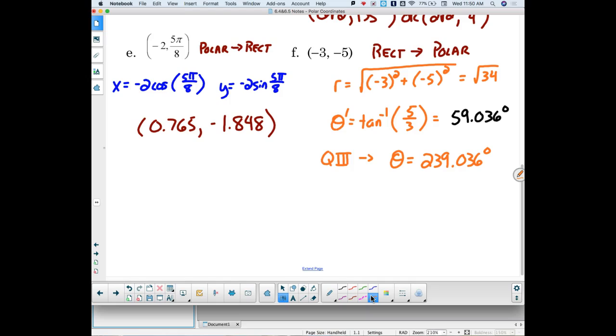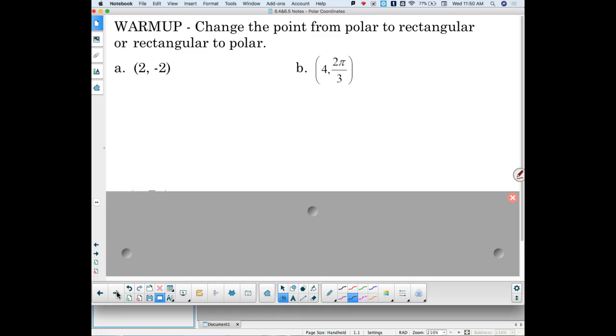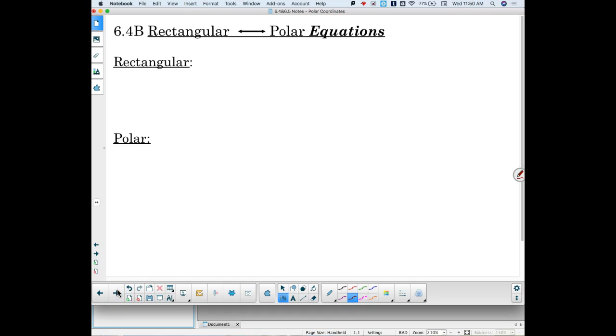So my polar point here then would be the square root of 34, comma 239.036 degrees. Okay? Mind your mode. Watch your mode.